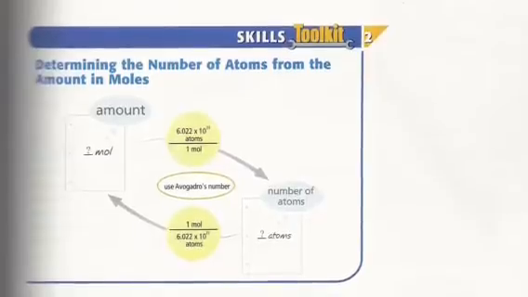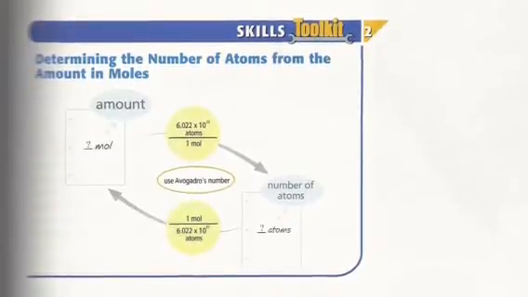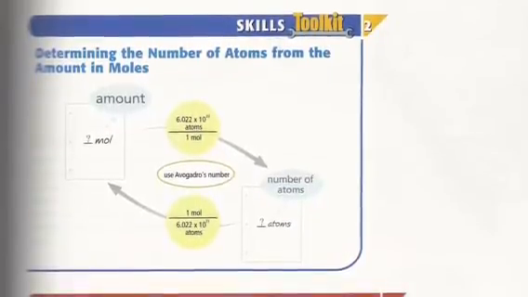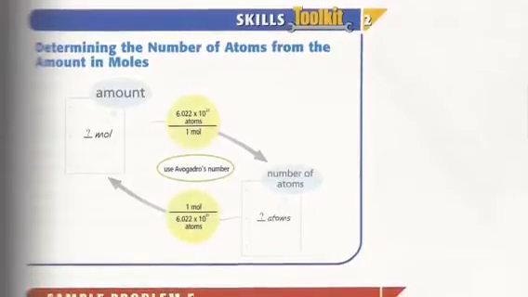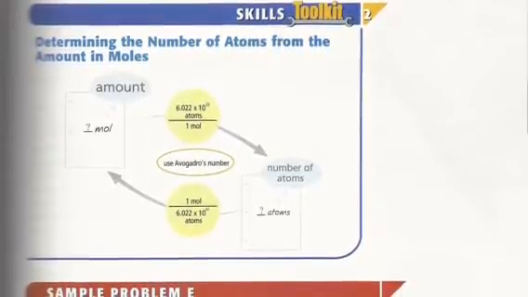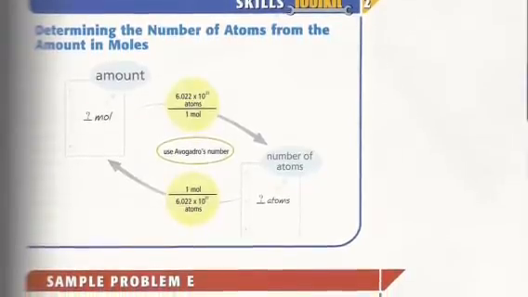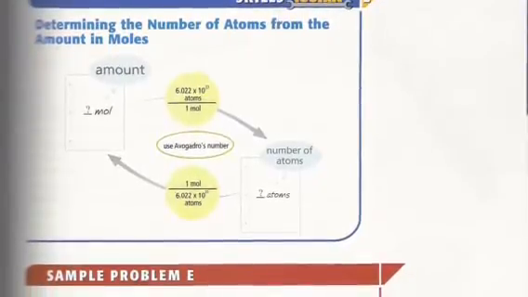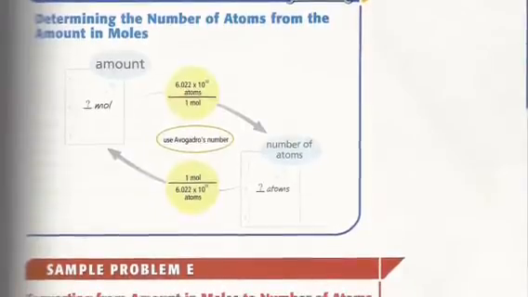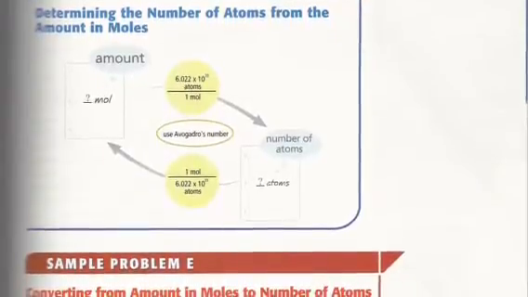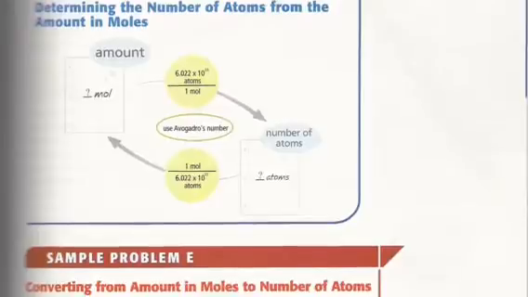We have another diagram here showing you the skills toolkit. Determining the number of atoms from the amount in moles. In the top left box, you see the amount. We have a question mark mole. In the top box in the middle, we have 6.022 times 10 to the 23rd atoms divided by 1 mole.